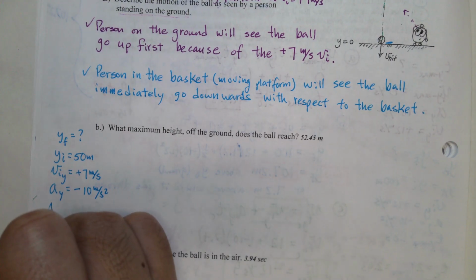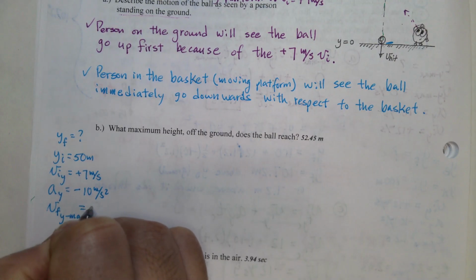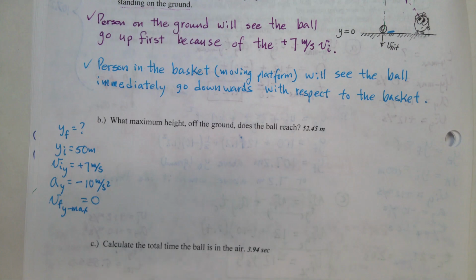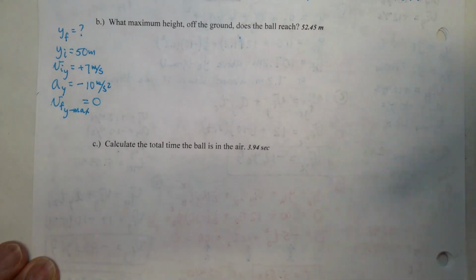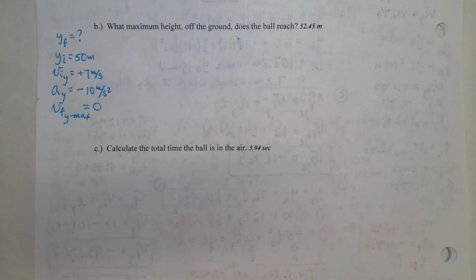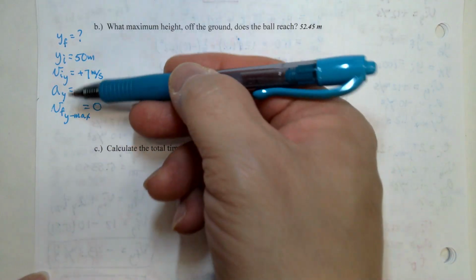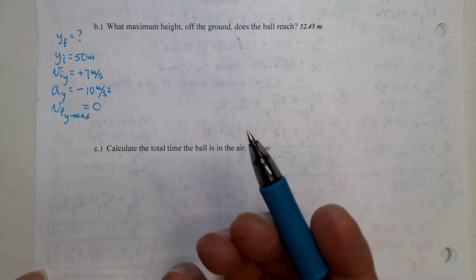So my VFY max is equal to 0. And that's very important concept. Right? If you didn't know that, you're not going to have enough information to solve everything. All right? Therefore, well, out of all these variables, it looks like I don't have time here.